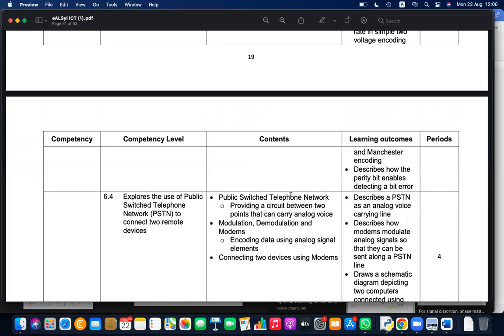Correct. Protocols are a set of rules and conventions that help proper communication.